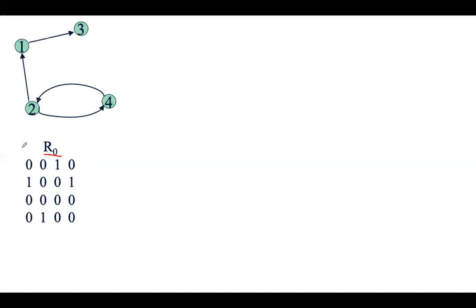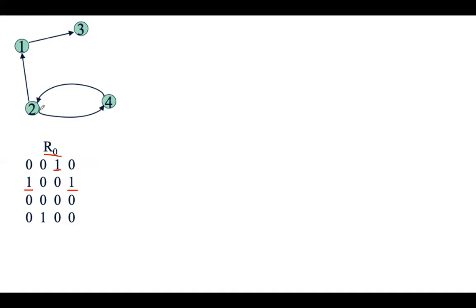In this graph the vertices are 1, 2, 3, 4. From 1, there is an edge to 3, so it is 1. For the rest of the vertices there is no path, so it is 0. From 2, we can reach 1 and 4.